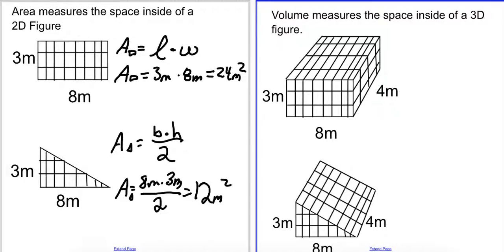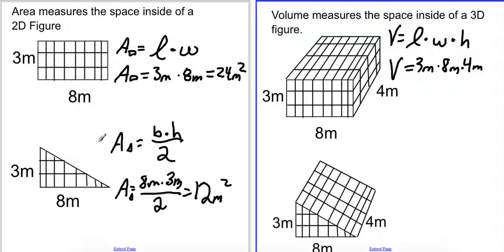So in order to find the volume for a rectangular prism, you might remember that we always do length times width times height. So in this particular case, my length is 3 meters. My width is 8 meters. And my height of the actual prism is 4 meters.